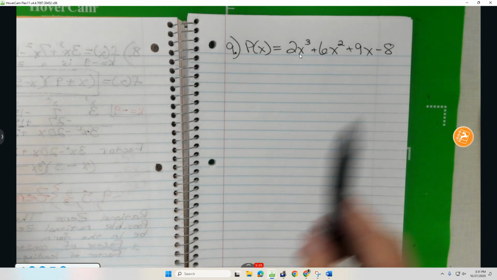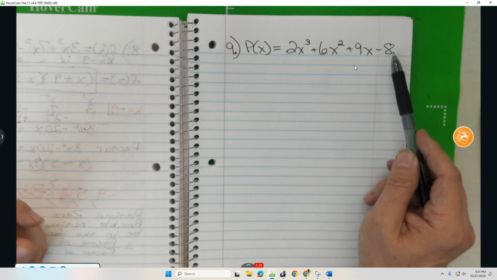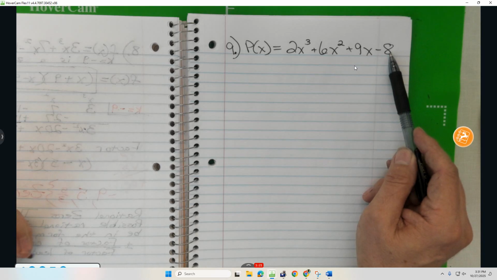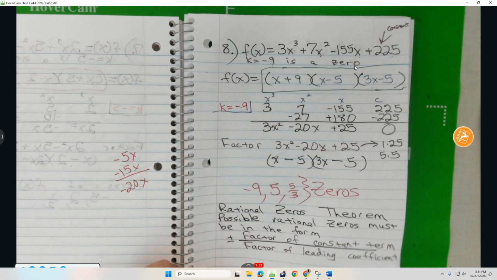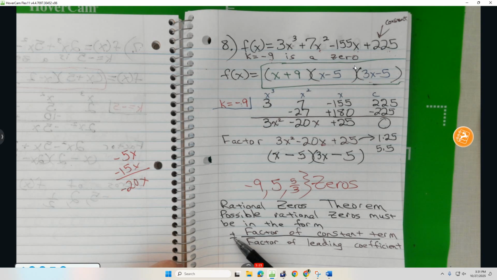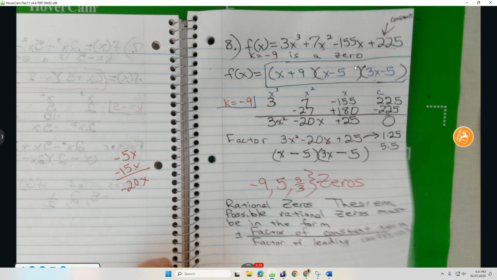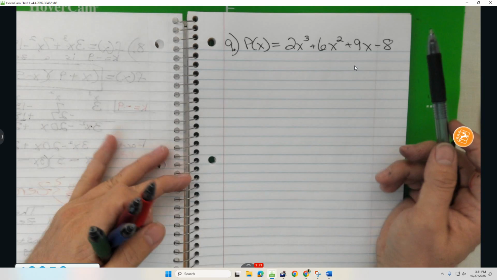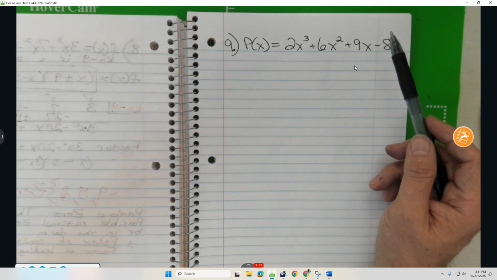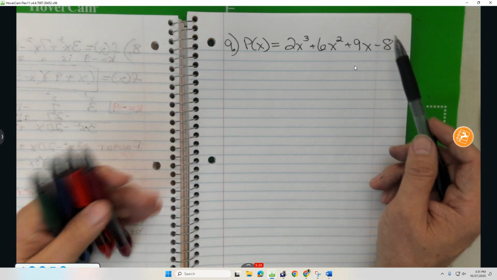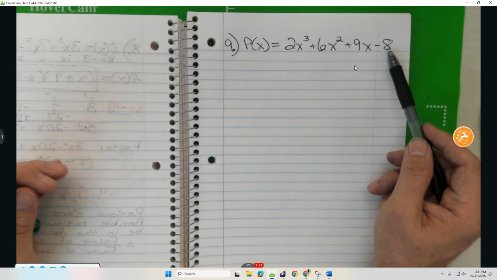The first thing you need to know is the factors of the constant term. And you don't have to take into account that minus there. This plus or minus takes into account all the possible sign changes. You say, well, what times what equals negative 8? It could be a positive 1 times a negative 8 or a negative 1 times a positive 8. You don't have to take that into account.